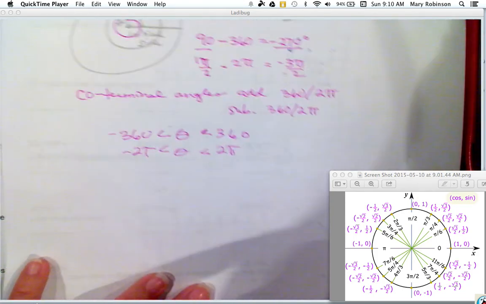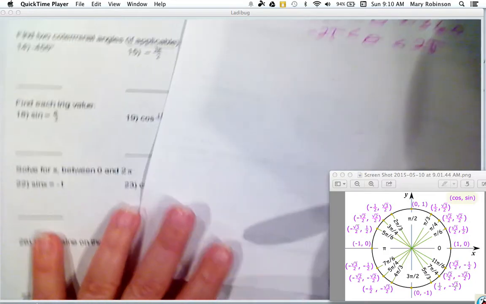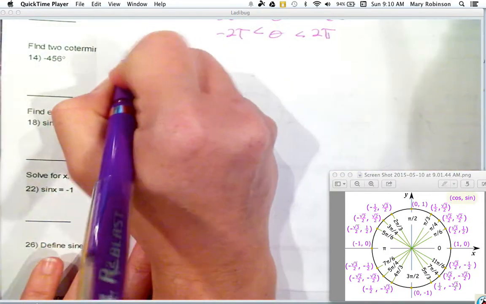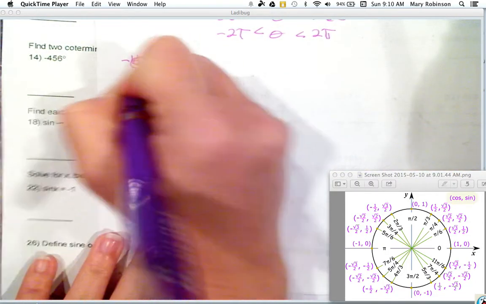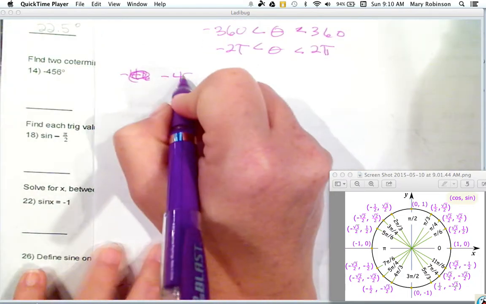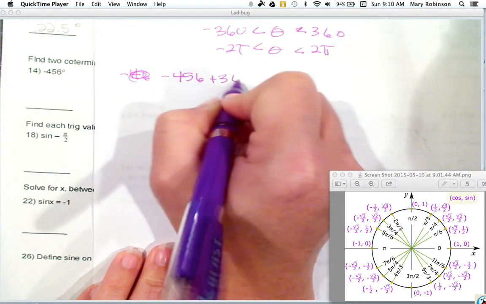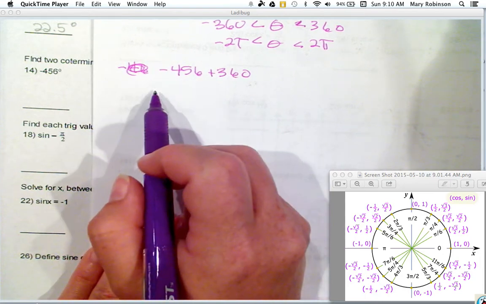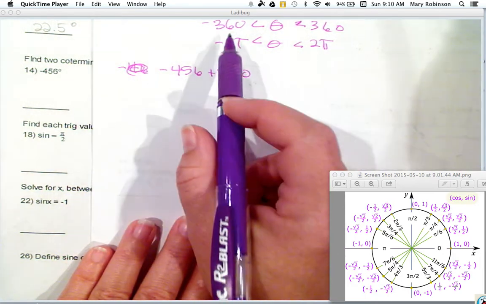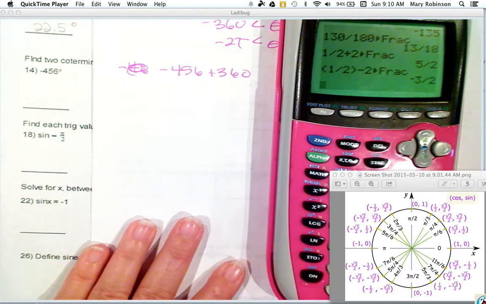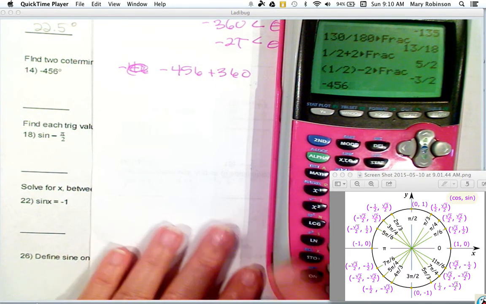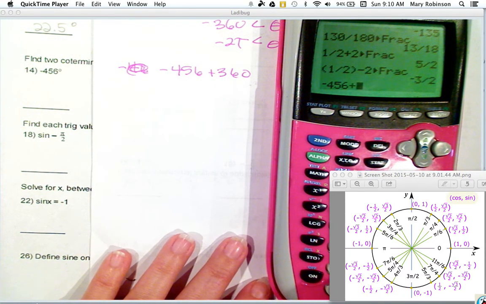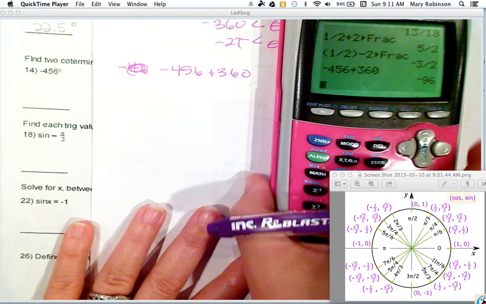So if I'm trying to find my coterminal angle with negative 456 degrees, I'm going to add 360. I know not to subtract 360 because if I subtract 360, I'm going to have a far more negative number than negative 360. So if I take my angle measure, negative 456, and add 360 to it, I get negative 96.